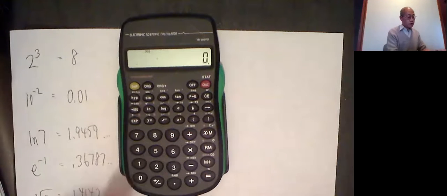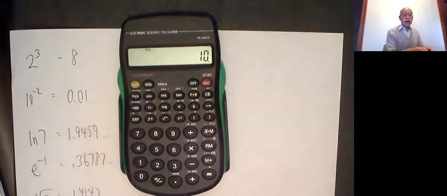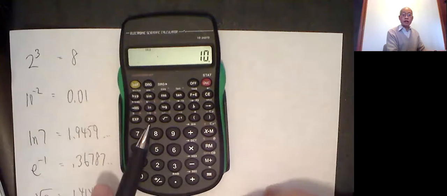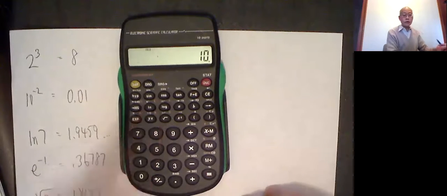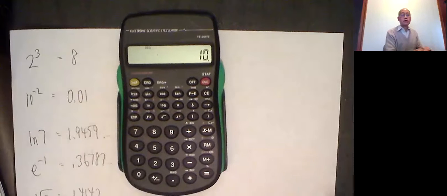Okay, so let me clear this. So 10 to the negative 2, so I'll type 1, 0. Exponent is this one, y to the x. And now in this calculator, to get a negative 2, you actually have to hit 2 first. And then this button here that looks like a plus or minus. Again, don't use this minus. This is for subtraction.